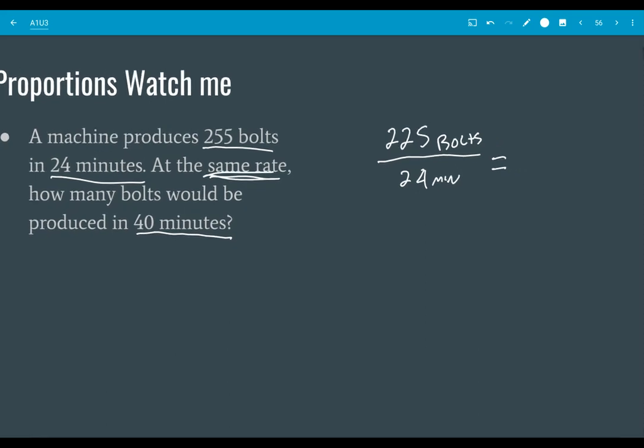So this right here is a rate, so we can make a proportion. So at that same rate, x amount of bolts in 40 minutes. And then we can use our understanding of multiplying and working with fractions to solve this. So 225 divided by 24 times 40, you get 375 bolts in 40 minutes.